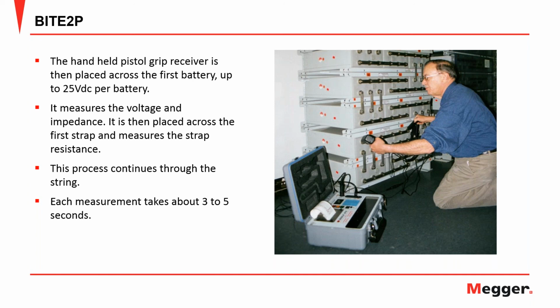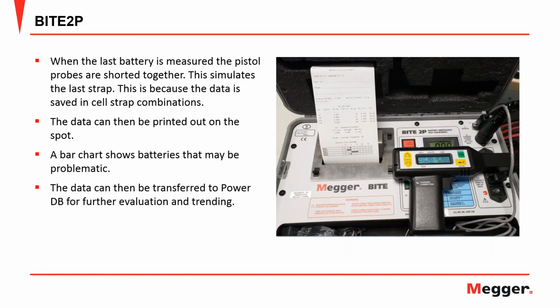Typically each measurement takes about 3 to 5 seconds, depending on the measurement and the type of battery. When you're done, you can print out the data on the spot. You'll get a bar chart so you can easily see where you have potential problems. And of course, you can transfer the data to the software PowerDB for further analysis if you like.